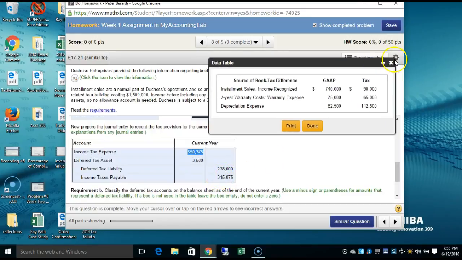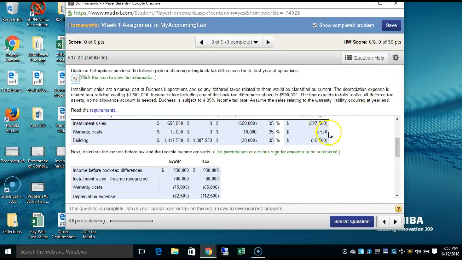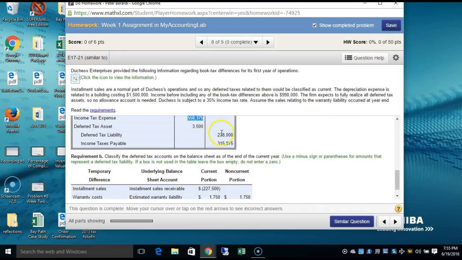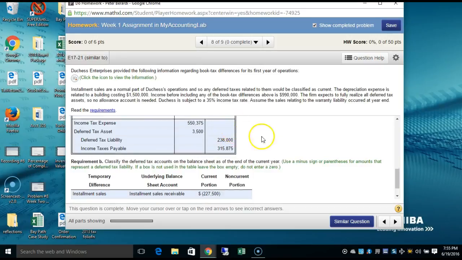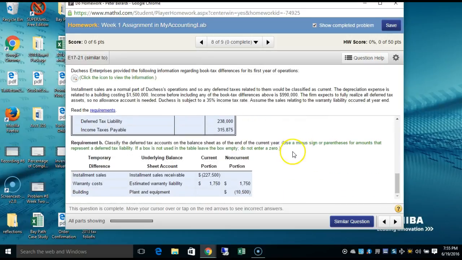Then simply take your liabilities in this schedule, $227,500 and $10,500, to give you your deferred tax liability, and your deferred tax asset is from the same schedule right here. Installment sales receivable are current. Half of the estimated warranty liability is current because it's a 2-year warranty.